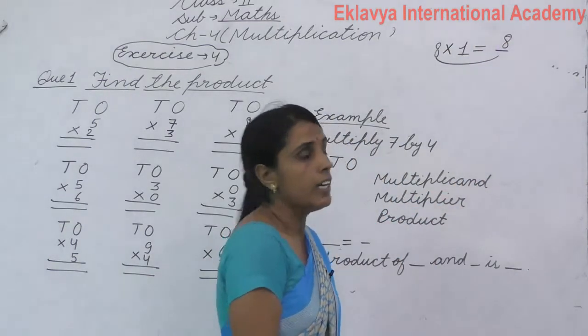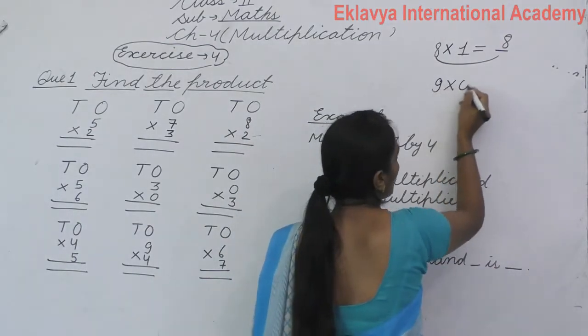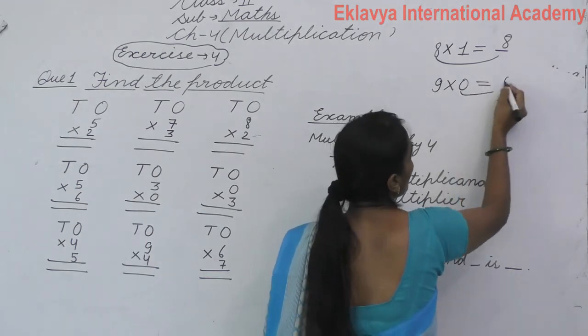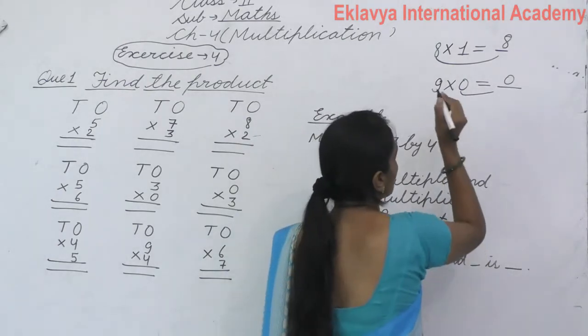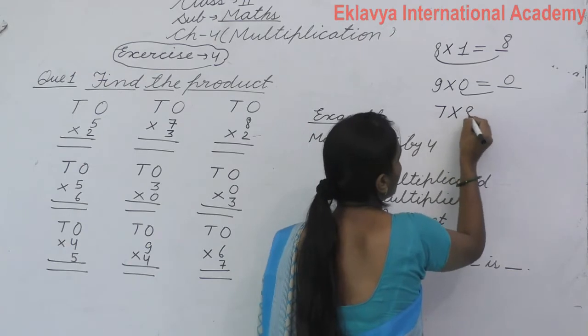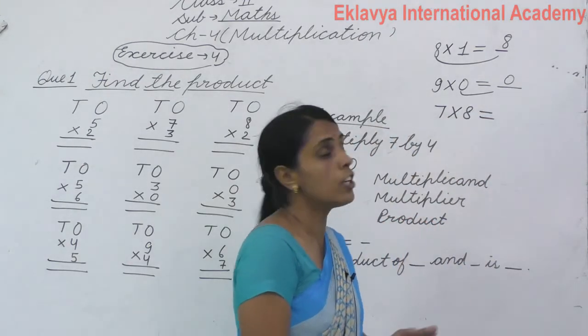Got it? Next property is, if we multiply 0 by any number, we will get 0. Second property, and third property is, suppose I have given that type of digit. Got it, student? First of all, listen, keep things in your mind.